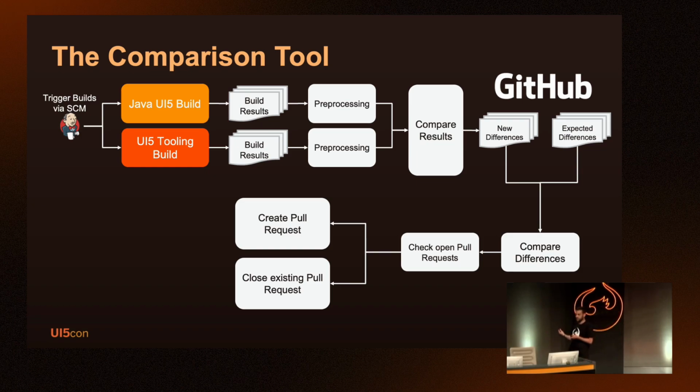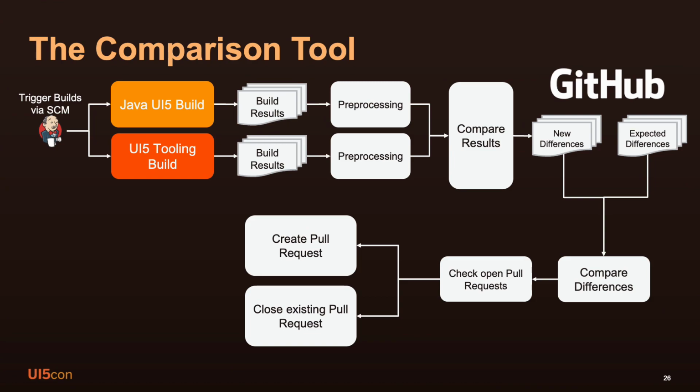That's if this is a new diff. If it is not a new diff, for example, it happens often that a developer is coding something, and in the first patch set it caused a difference, and then in the second patch set he says, oh, I did something wrong, and he changes the configuration. Then another build is triggered, and the diff is gone. In that case we automatically close the pull request.